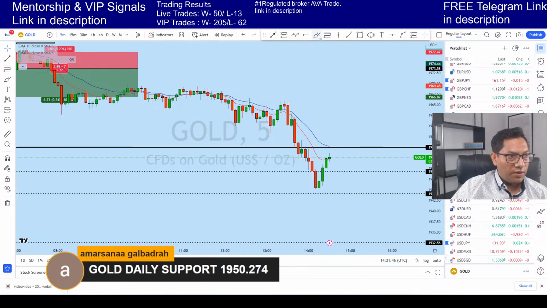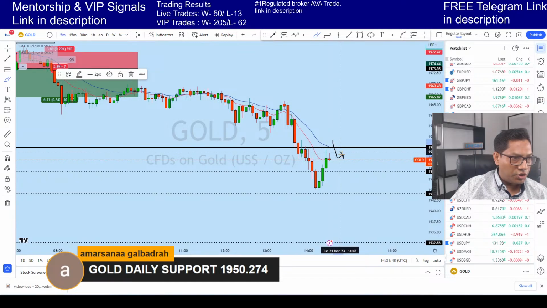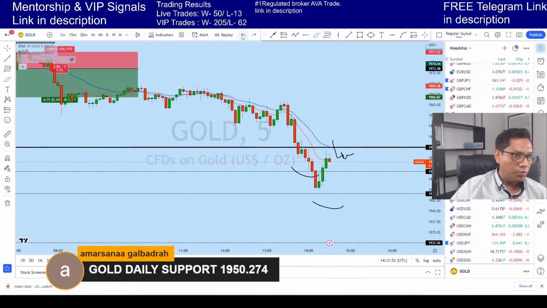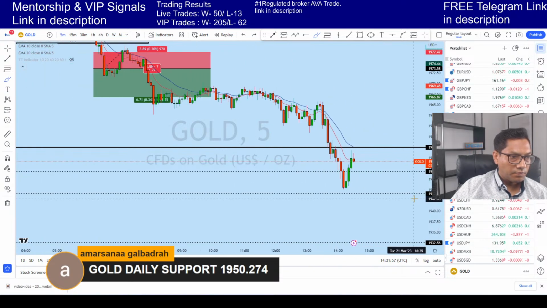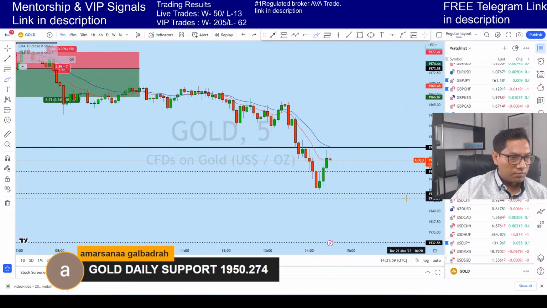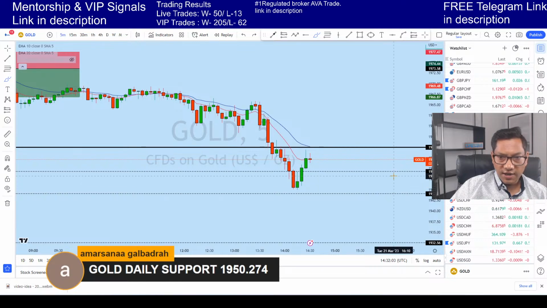So any kind of inverted head and shoulder formation here could give an opportunity for the bullish move. Trading with the higher time frame is always better trading psychology.